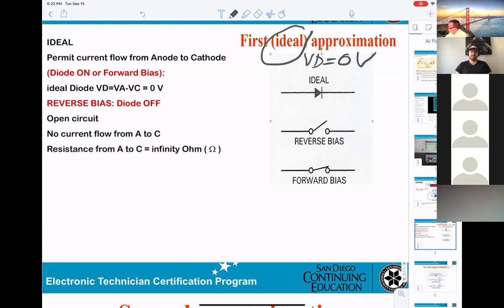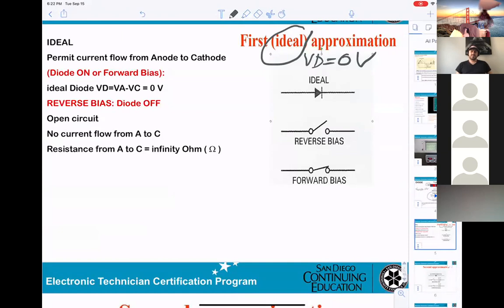Now, this is the sample for the diode. Okay? So, two things you must know. When you're working with diode circuitry, you must know whether the diode is conducting, or we say on, or the diode is not conducting, or we say off. If you don't know whether they're on or off, you cannot solve the problem. Okay? Now, you can see, it permits current to flow from anode to cathode, diode on, or they call it forward bias.